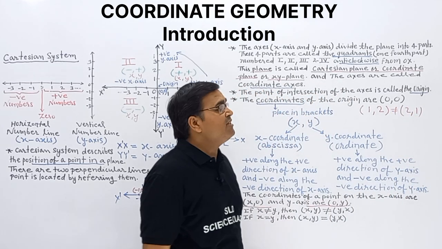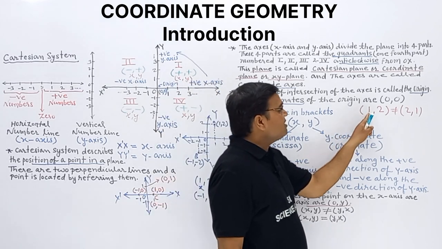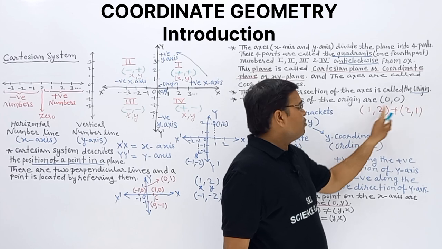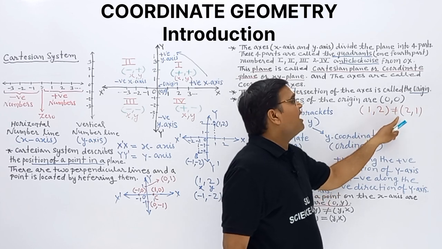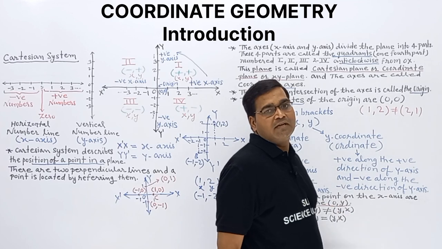We cannot change each other. This is the x and this is the y. So how can we change this one? (1, 2), we cannot write (2, 1). Both are not equal. Clear?